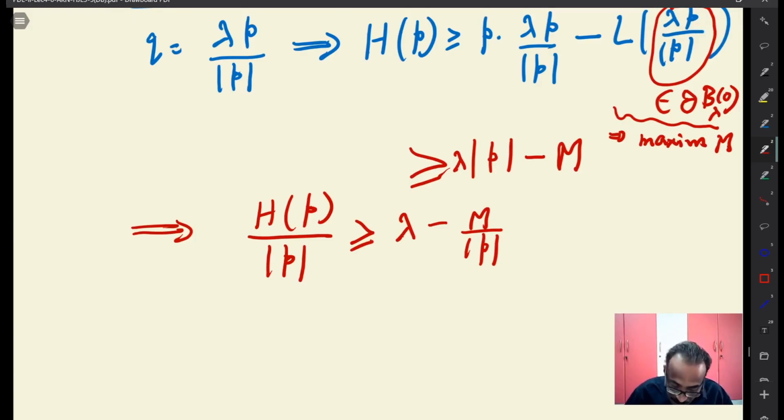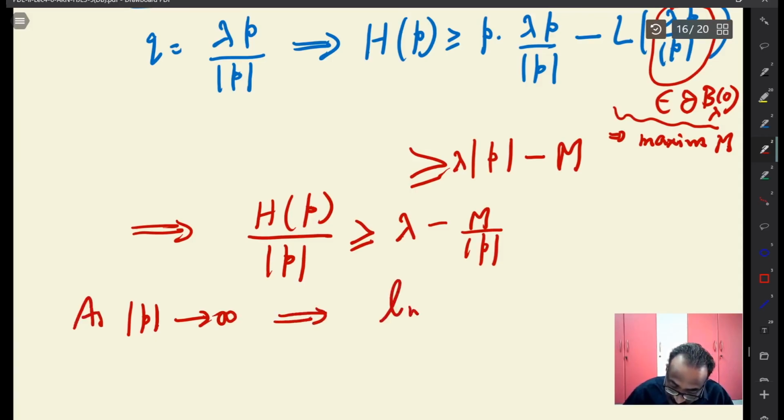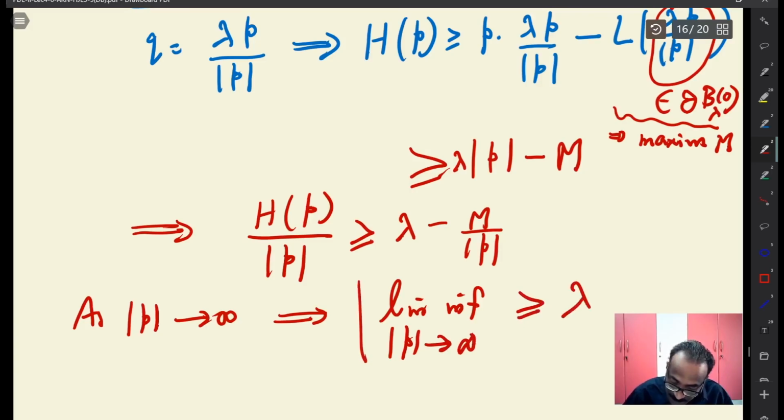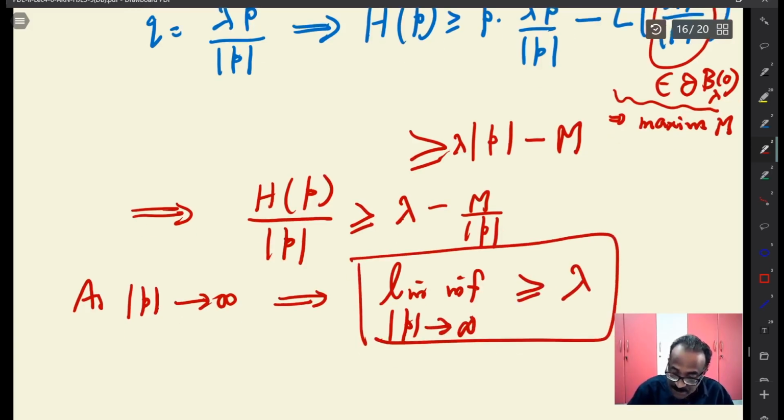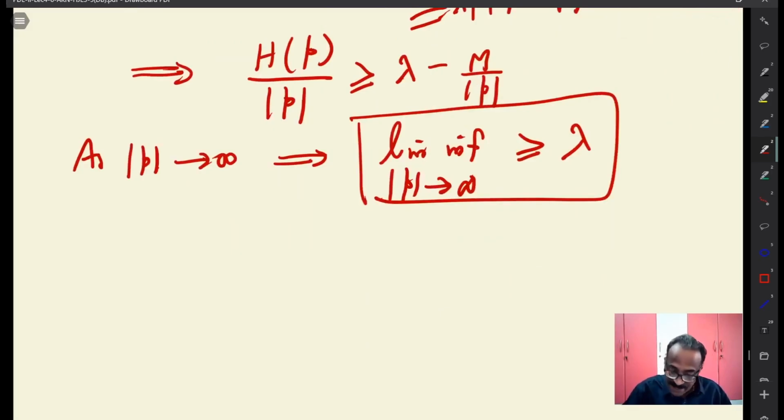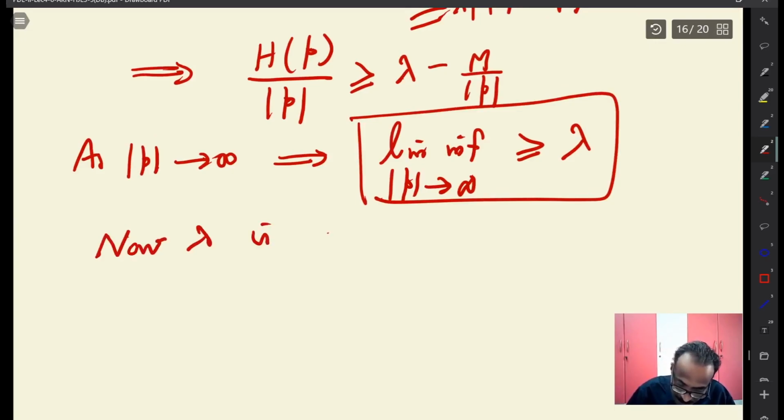Now if you take mod P tends to infinity, fixing lambda, the limit may not exist, but I can call it the limit infimum as mod P tends to infinity, which is greater than or equal to lambda. Now lambda is arbitrary. These are all some analysis techniques.